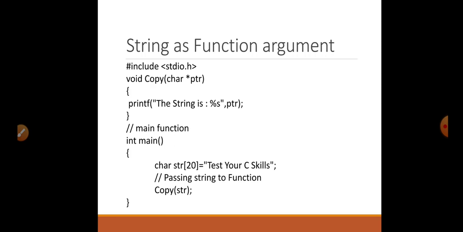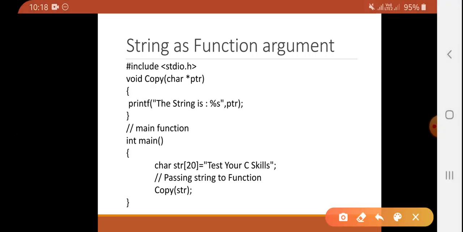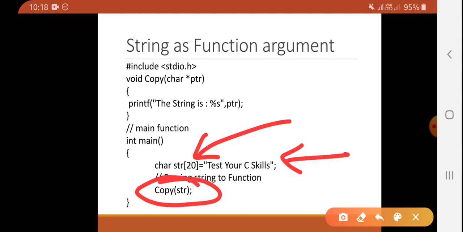Second is string as a function argument. Okay, we have declared one variable str that stores the string "Test your C skills". Now we are passing this array to a function copy. In order to store the address of the string, we have to write char *ptr.